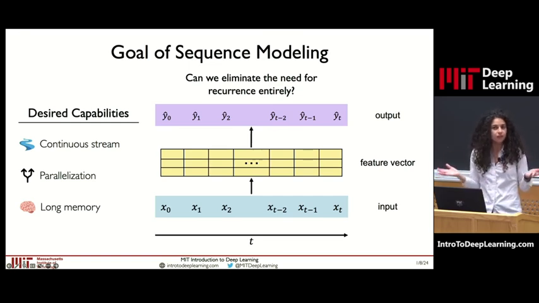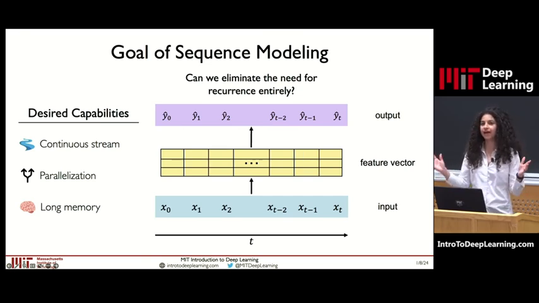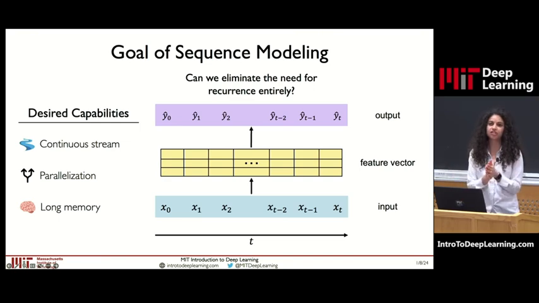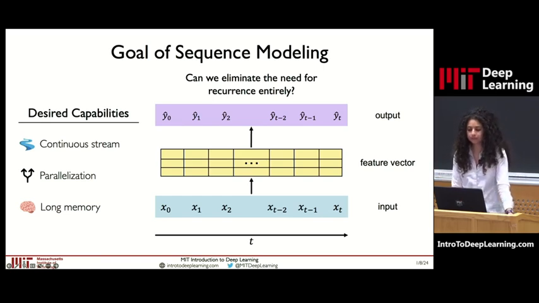A naive approach that we could take is to say, okay, we have sequence data, but what if we smash it all together, concatenate it into a single vector, feed it into the model, calculate some features, and then use that to generate output?